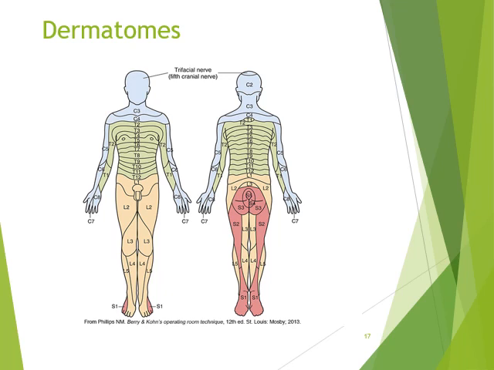Herpes zoster, or shingles, follows dermatomes. So you'll see a line of blisters or pain. The patient will have a line of pain coming from the dermatome that comes from the spine and curls around the body. So that's your dermatome.